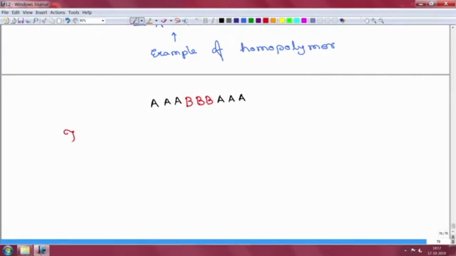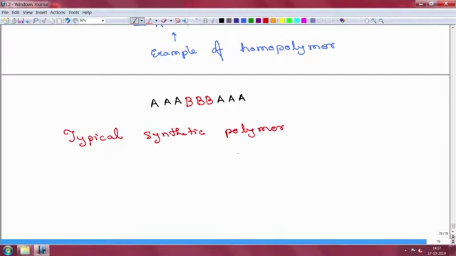Now, the typical synthetic polymer, a polymer which is made through an industrial process, can have many different molecules or structural units together.